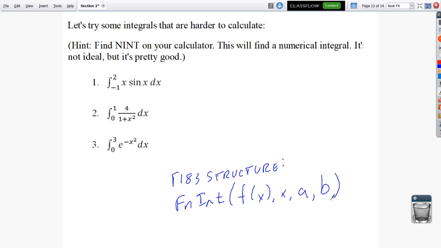That only applies to the 83ers out there. 84ers, you know you have either alpha window 4 or math 9. There's how we can get to the numerical integrator.